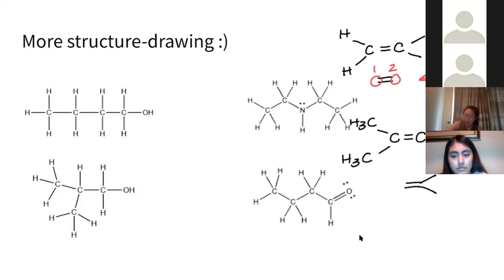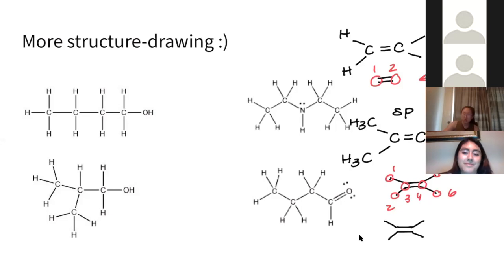So now we would draw that out like this. And count the carbons again. You'd find that it's 6: 1, 2, 3, 4, 5, 6. In this case, the double bond appears linear with regard to the entire molecule, but you'll see that the single bonds are actually at like 120-degree angles because that is, I believe, sp2 hybridized.